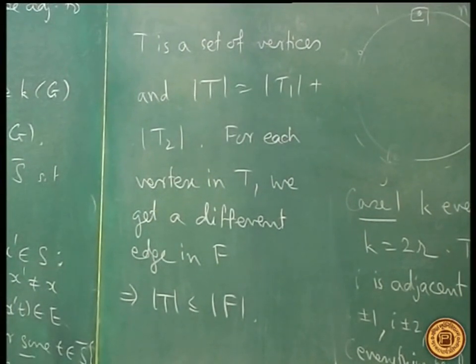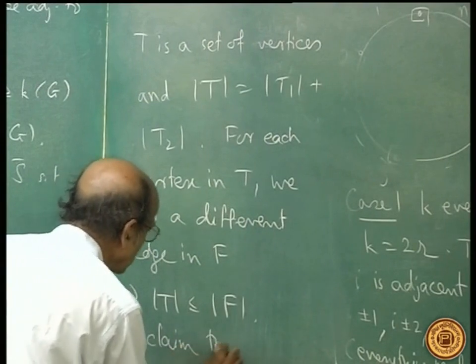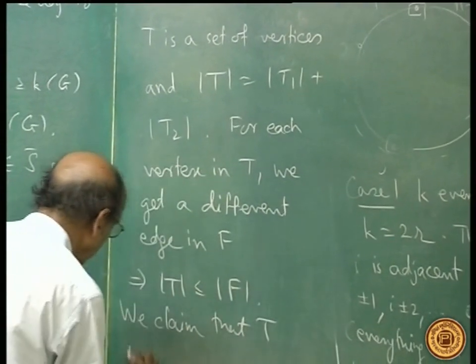That's exactly what we're looking for. We claim that T is a vertex cut.